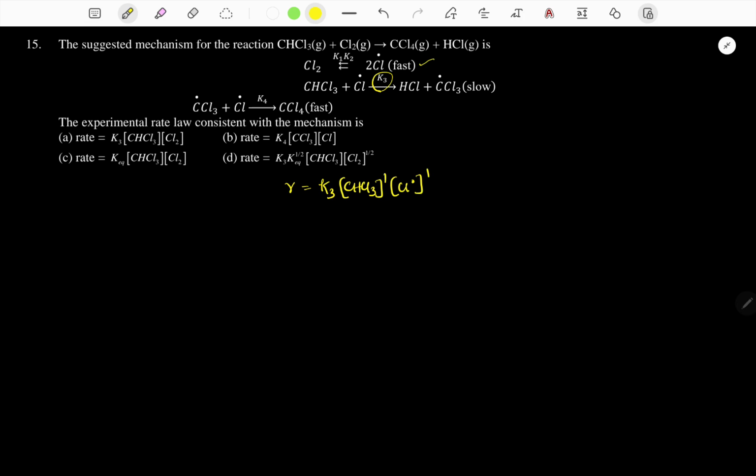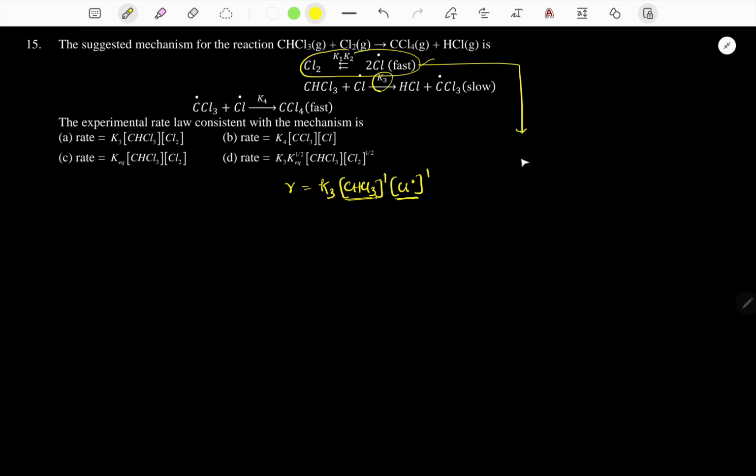Whenever you are writing the rate of reaction, we should have only either reactants or products, but Cl radical is an intermediate. Chloroform is a reactant, it is okay, but we have to remove the intermediate. How to remove the intermediate? In the first equation they have given the equilibrium constant.